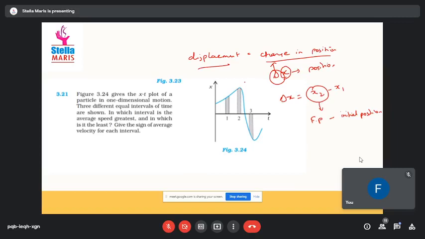There is a possibility that x1 is equal to x2 also. Let me check and tell whether in this question the image is given as such. If you have books you can also check. This is an NCERT problem, whether x1 seems to be equal to x2.